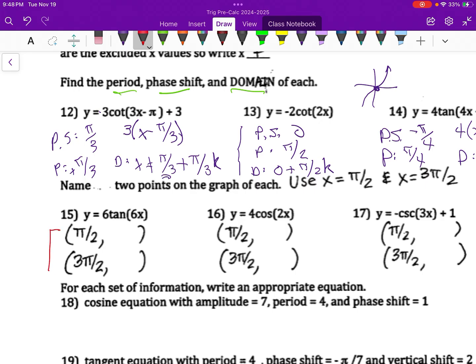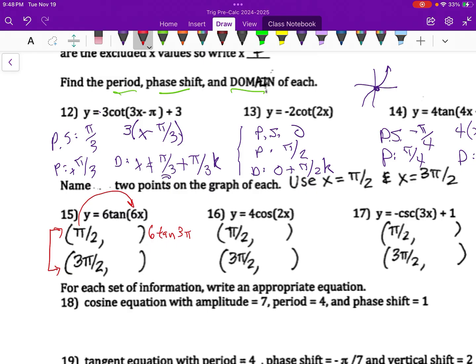These are like the multiple choice questions that you guys have seen on the last quizzes where you're just trying to evaluate it. These answers are really just going into here, and then you're just evaluating what that is. So it's really trying to evaluate 6 times tan of pi over 2 times 6, which is 6 pi over 2 or 3 pi. Let me think about my math there for a second. 6 pi, yeah.